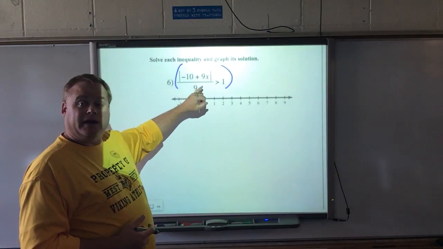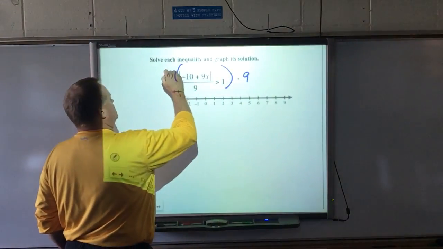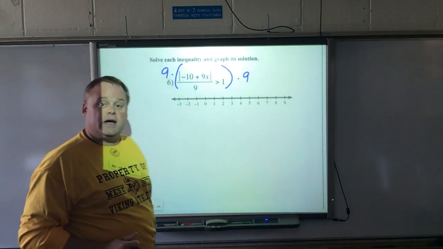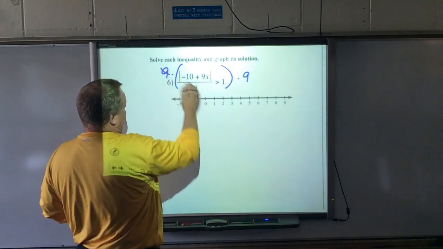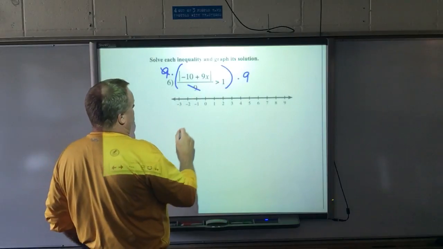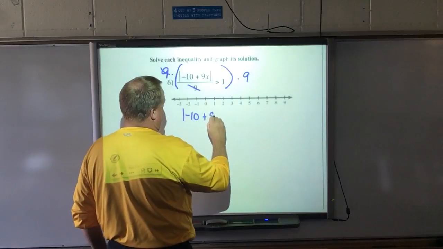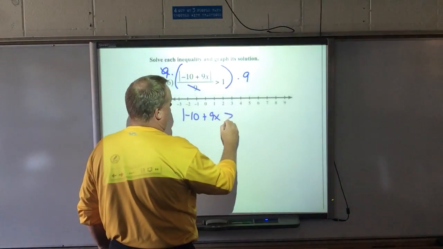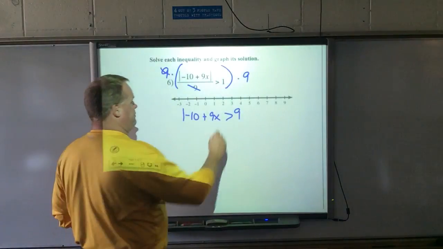This is being divided by 9, so I need to multiply both sides of the inequality by 9. What this is going to give me, once I multiply 9, the 9's on this side are going to cancel out. So I'm going to have absolute value of negative 10 plus 9x greater than 1 times 9 is 9.